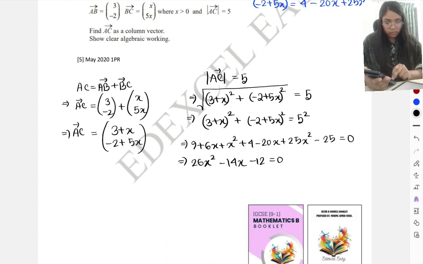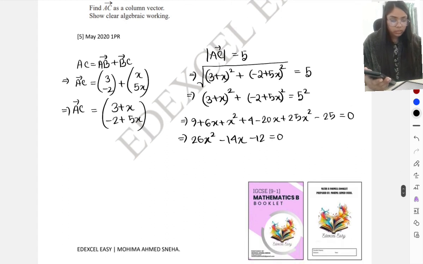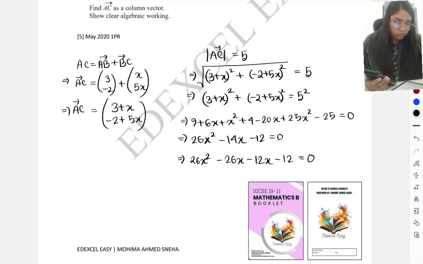That's 26, minus 14 and minus 12. So it's going to be 26x squared. Okay, so you can write it like 26x squared plus 12x minus 26x minus 12 equals 0.